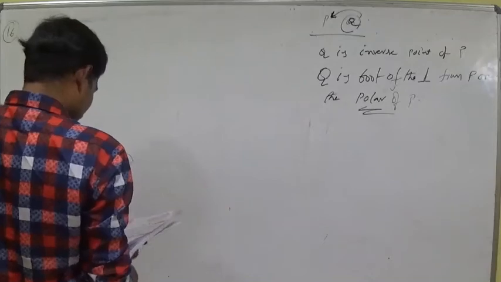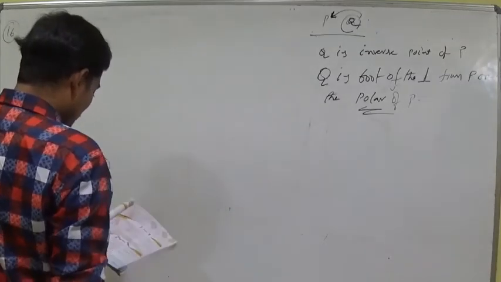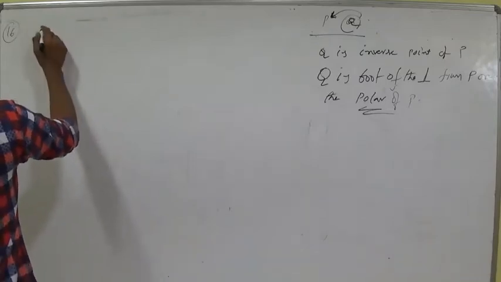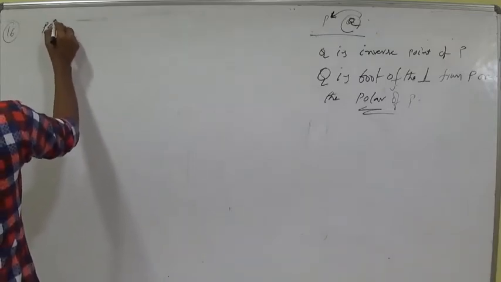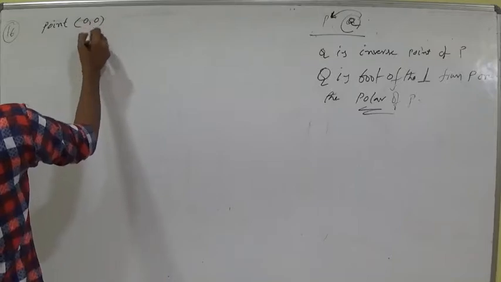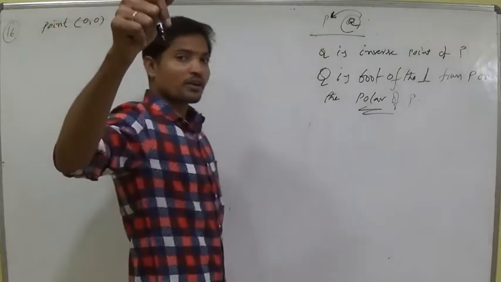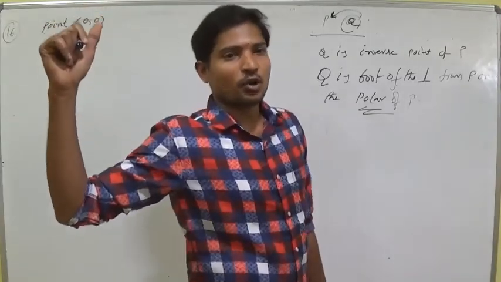16th problem. The inverse point of the origin with respect to the circle. The point is 0, 0. Now I want to find the inverse point for this point.